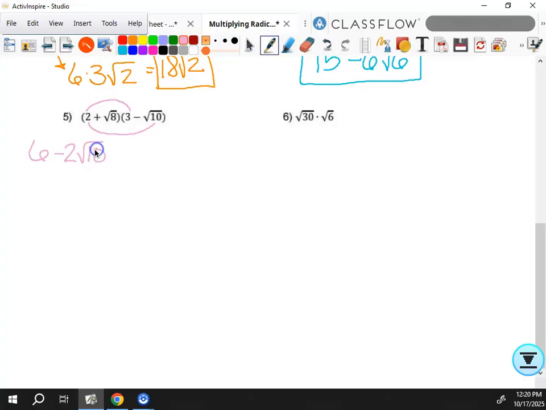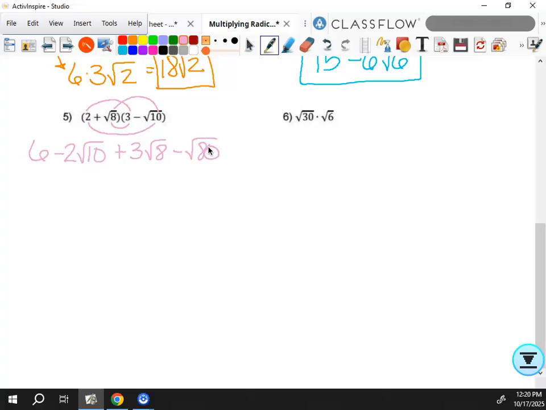When you multiply a whole number times a square root, they just get stuck together. That's all that's happening there. Then inside 2 together, plus 3 square root of 8. Last 2 together, that's going to be a negative square root of what? 80.